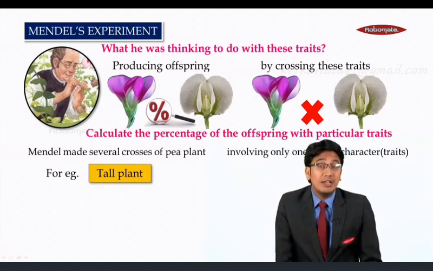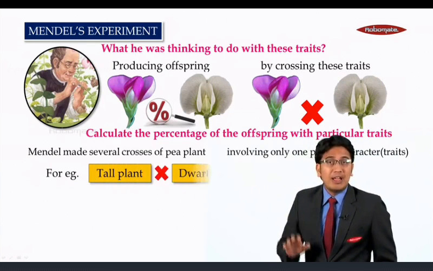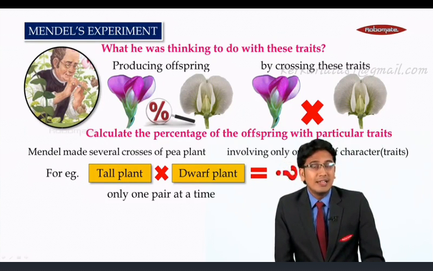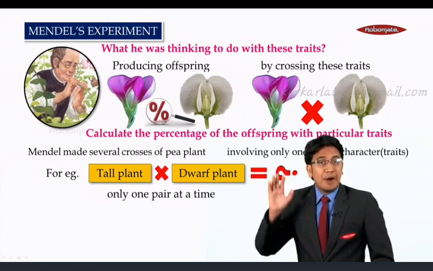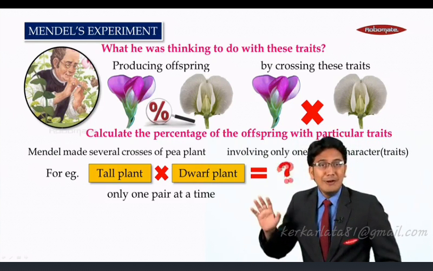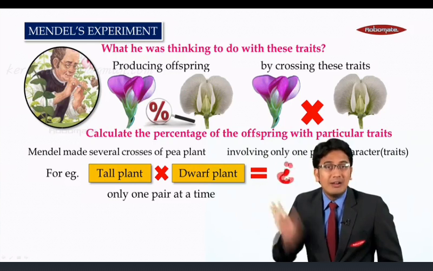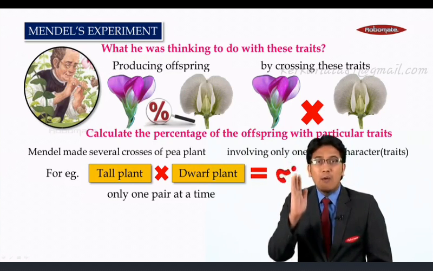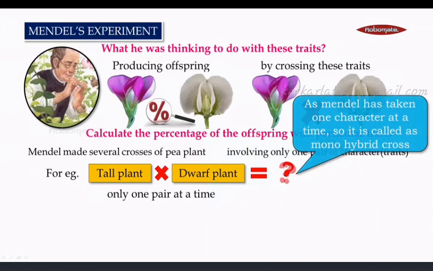For example, he was crossing a tall plant with a dwarf plant, and he wanted to know the result. He wanted to cross a purple flower plant with a white flower plant, a yellow color seed with a green color seed. Every time he took only one character. So Mendel has taken one character at a time.